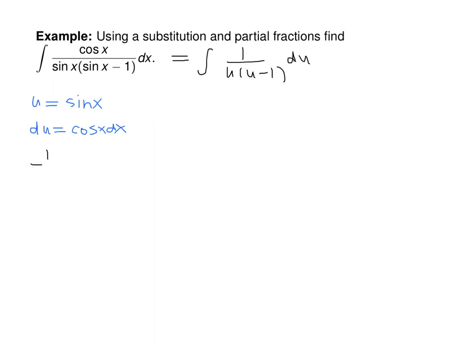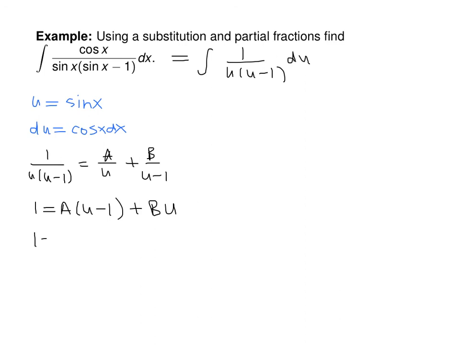So 1 over u times u minus 1 will equal a over u plus b over u minus 1. So 1 will equal a times u minus 1 plus b times u, or 1 equals u times a plus b, minus a.